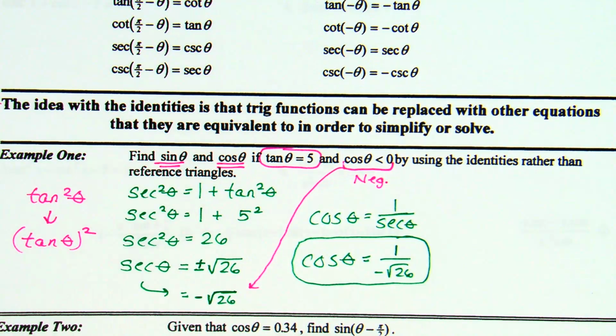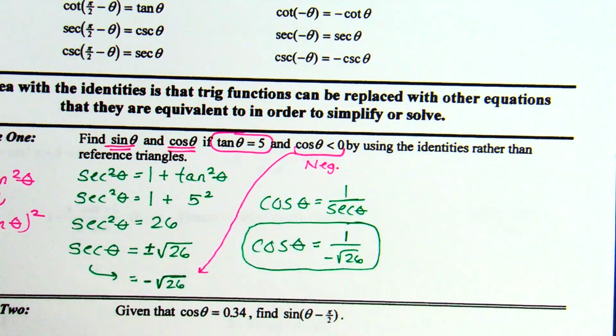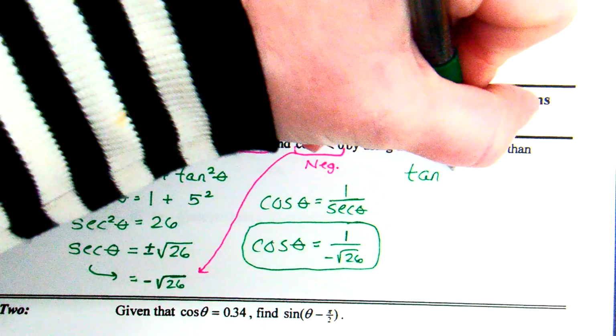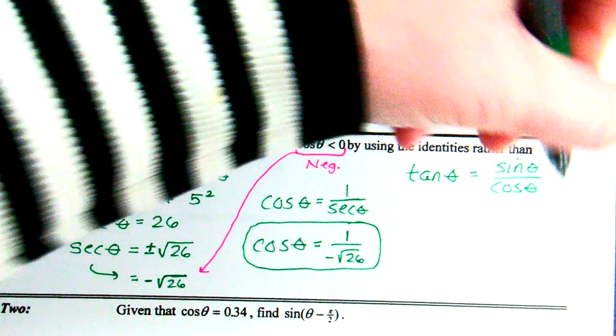So, personally, I like the idea of using a quotient. Which quotient should I use then? Yeah. Tangent of theta is equal to sine of theta over cosine of theta.